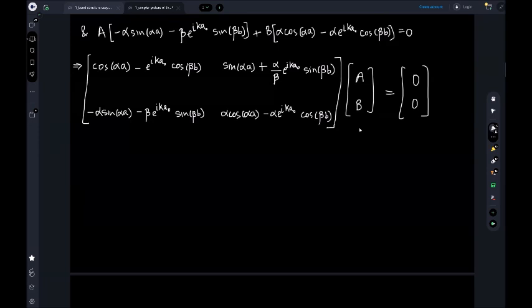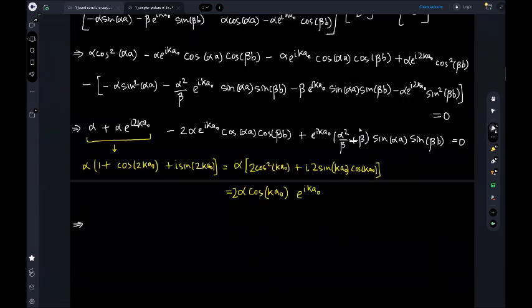We have an eigenvalue equation, but the eigenvalues are equal to 0. That means that this square matrix has a determinant that must be equal to 0. I'm going to use this fact to write the determinant of this matrix, and you will see shortly what we get. Let me just write this down quickly.